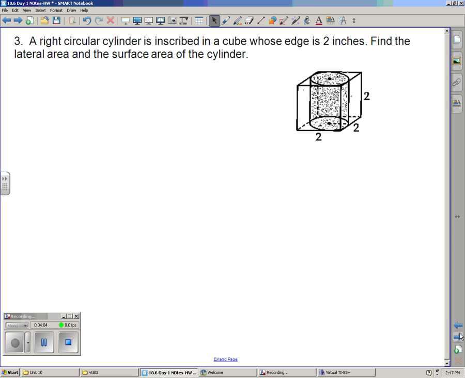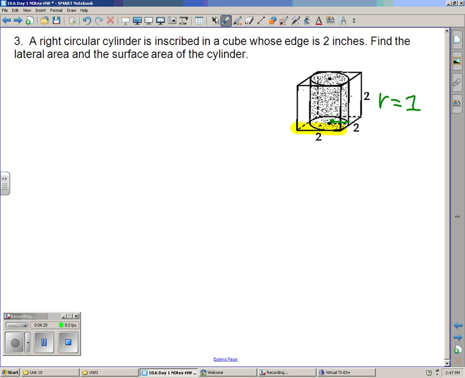Third problem: a right circular cylinder is described in a cube whose edge is 2 inches. Well, the edge is what goes all the way across, obviously the length, the width, and the height. Find the lateral area and the surface area of the cylinder. If you're dealing with the cylinder, you need to realize that while an edge is 2, halfway across the edge is just your radius, and that's going to be 1.